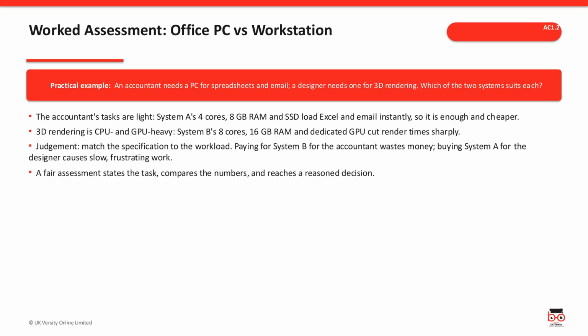Now let us actually make a decision with those two systems. Imagine an accountant who needs a machine for spreadsheets and email, and a designer who needs one for 3D rendering. The accountant's work is light, so System A's 4 cores, 8 GB and speedy SSD load a spreadsheet and email instantly, and it is cheaper, so it wins. 3D rendering, on the other hand, leans hard on the processor and graphics, so System B's 8 cores, 16 GB and dedicated graphics card slash the render times.